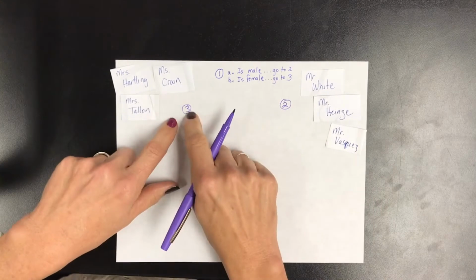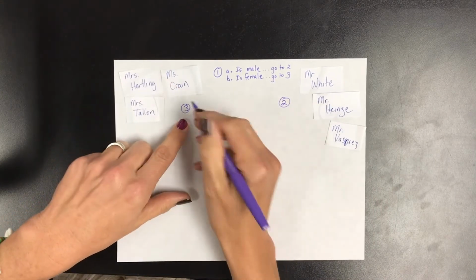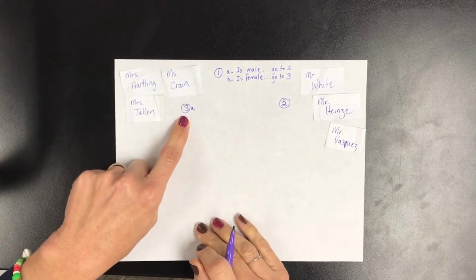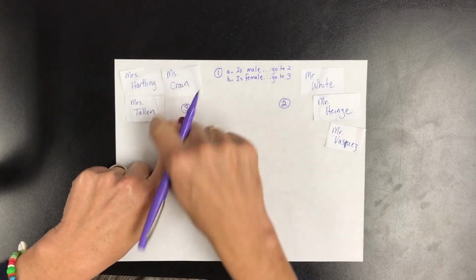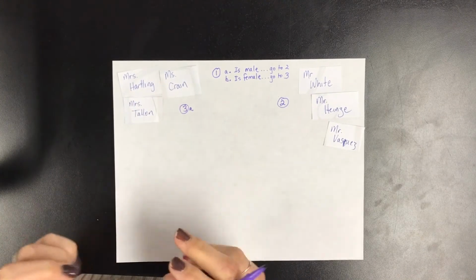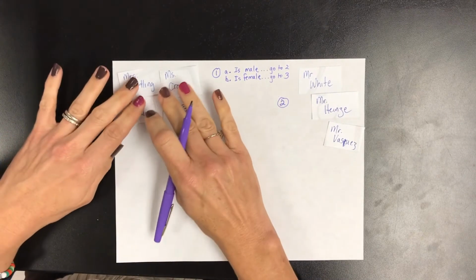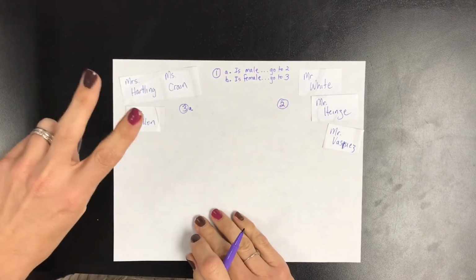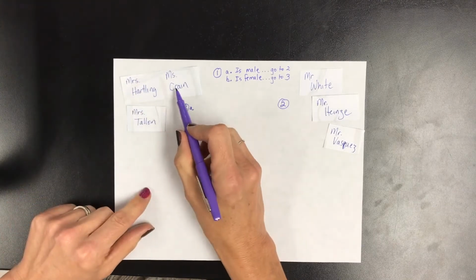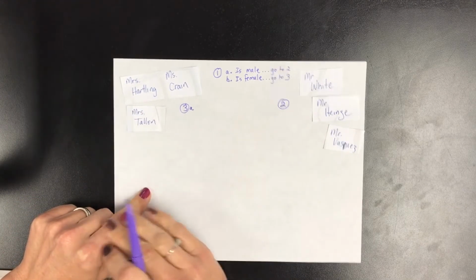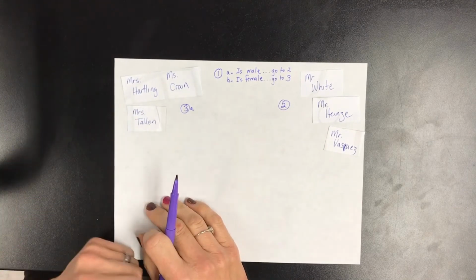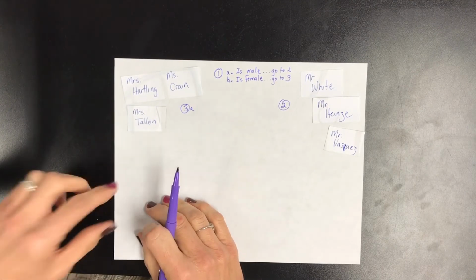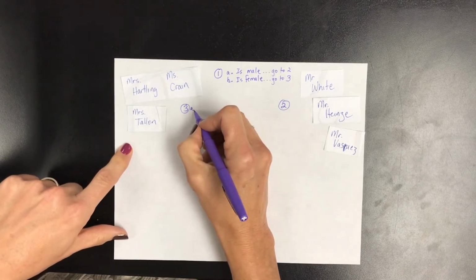Now, I need a question for my females, right? So 3A, I'm thinking about what are some differences between them. Again, you want to divide the organisms that you have into 2 groups. So I'm looking at Crane, Hartling, and Talon, and you may or may not know that for A, I could say is tall.